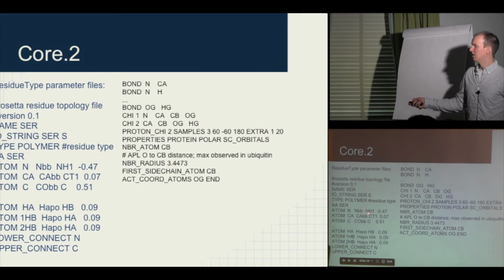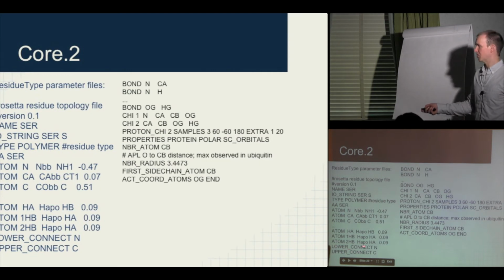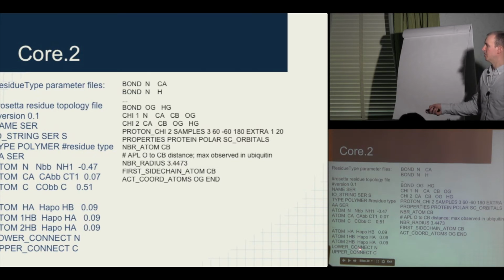Here's the atom type according to CHARMM, and then the partial charge for that atom. This residue type lists 2 residue connections. Since it's a polymer, it has a lower connect and an upper connect, and those are at atoms N and C. And then once you've listed this information, you can talk about the bonds within the residue type.